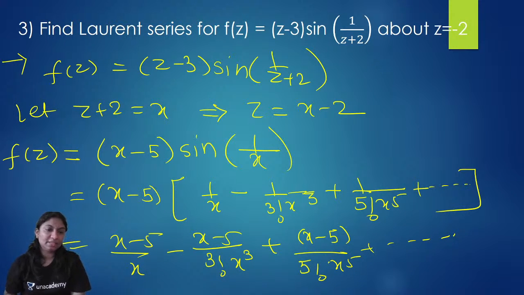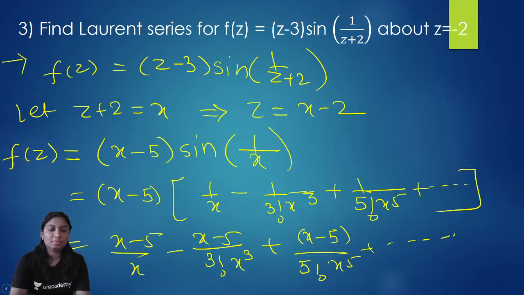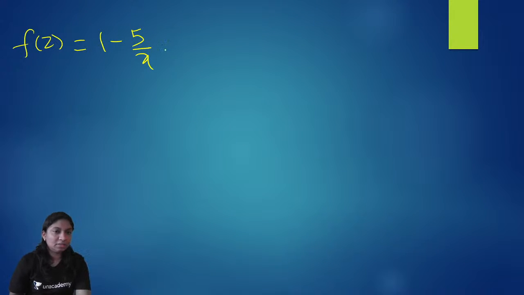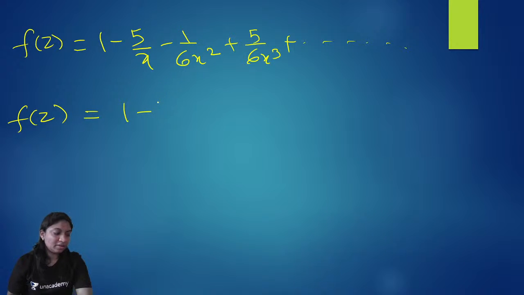Ultimately you can write f of z is equal to 1 minus 5 by x, minus 1 upon 6 x square, plus 5 upon 6 x cube, and so on, where x is equal to z plus 2.